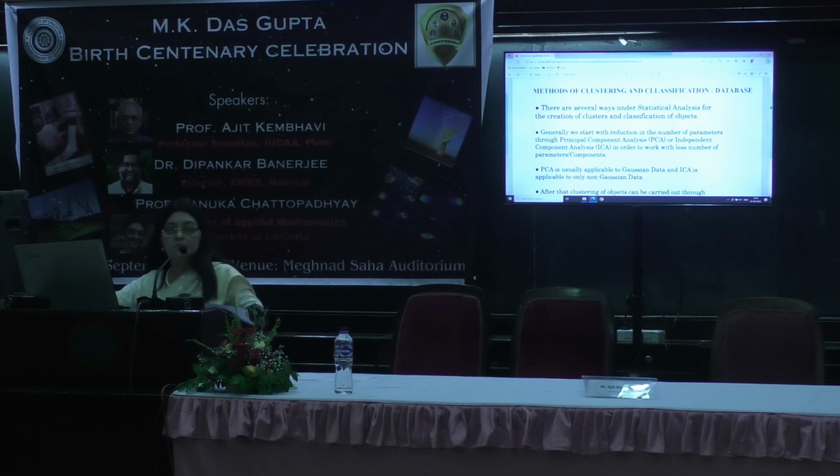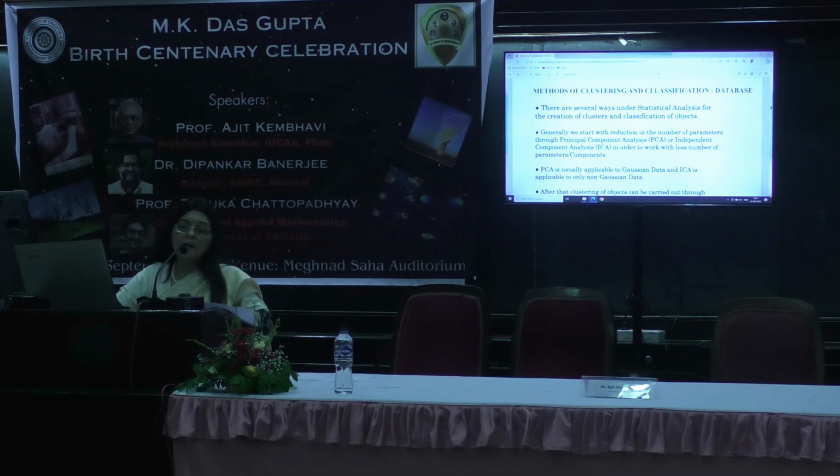Now there are two types of data. One is Gaussian data, which follows the normal distribution in the multivariate setup, and the other is non-Gaussian data. When the data is Gaussian, we apply principal component analysis. What is principal component analysis? Actually, in principal component analysis, the principal components are linear combinations of the various parameters.